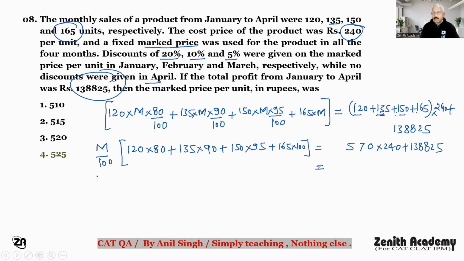Okay. Now a calculator is given here. We can use the calculator for the calculation. It is a lengthy calculation. So here it is. This is coming 136,800 plus 138825.